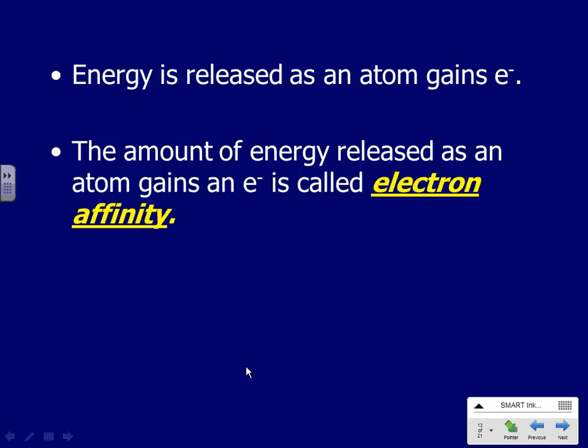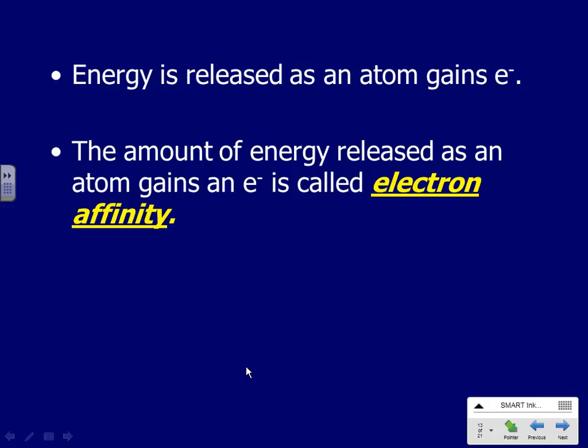Energy is released when atoms gain electrons. When an electron is added to an atom, it comes in and crashes into the atom. It literally collides with it. It gets into one of the orbits, and it causes the whole atom to vibrate. That vibration of the atom is heat energy, and that gives off heat energy to the surroundings.